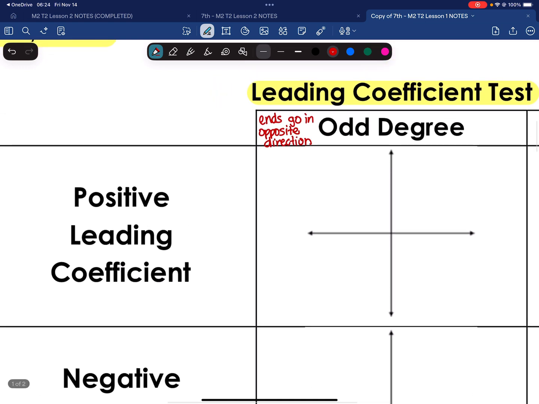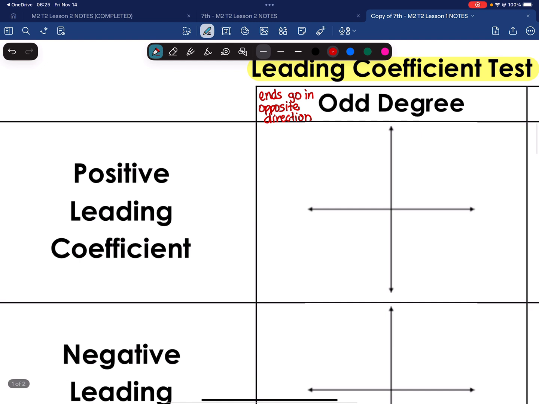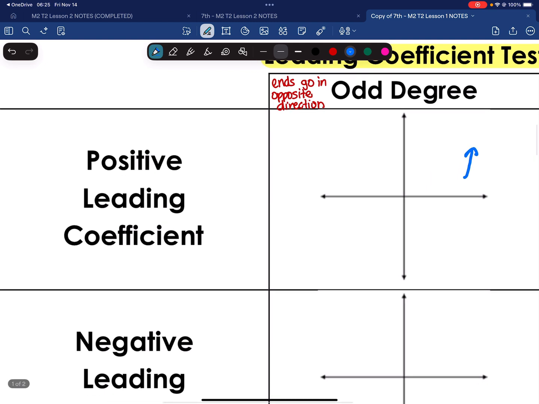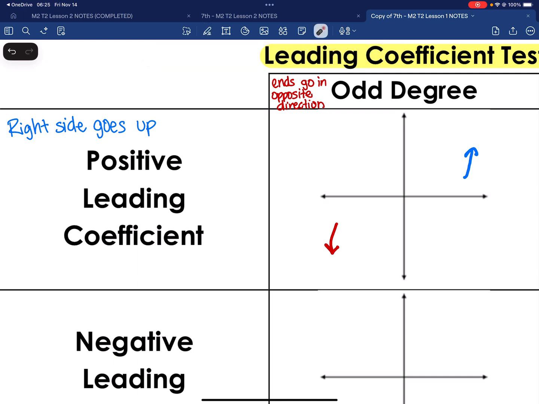So when you have an odd degree and a positive leading coefficient, that means that your right side will go up. So positive leading coefficient tells you about the right side. So this means that the right side goes up. Well, if it's an odd degree and the right side's going up, that means the left side has to go down.